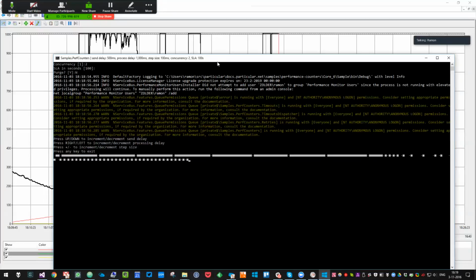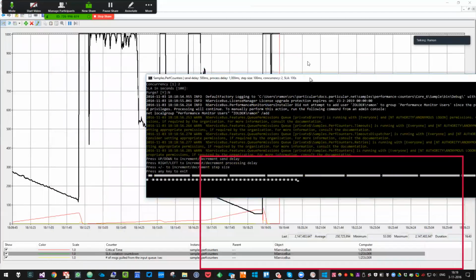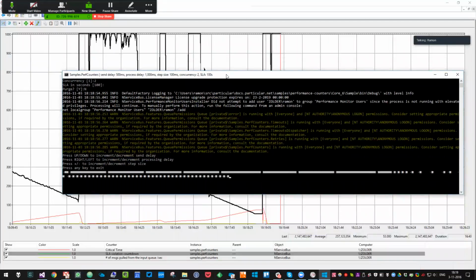So this would not be an issue at all. In this case, the number of messages being received is equal to the number of messages being processed per second. So of course this would still be an issue if this would be higher, right?